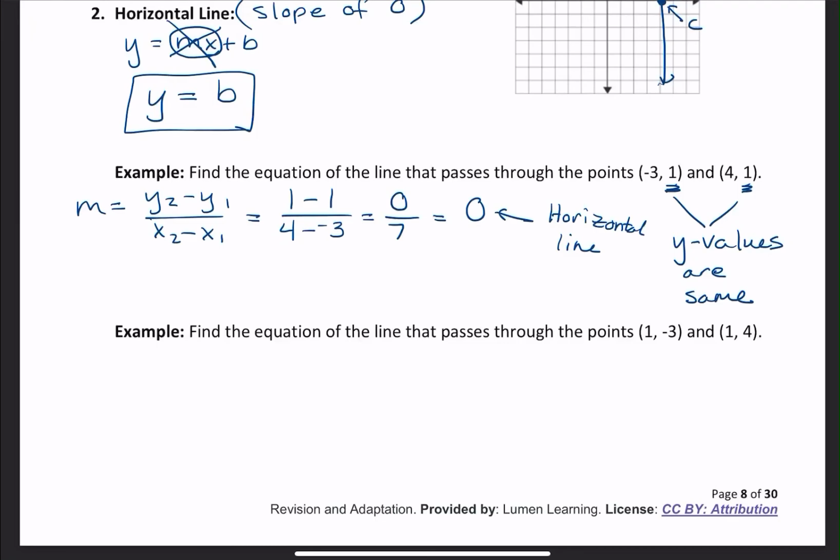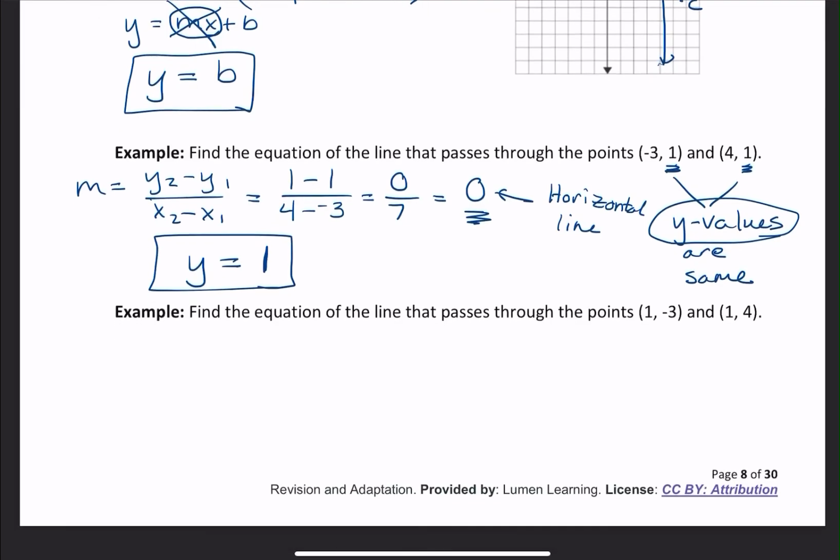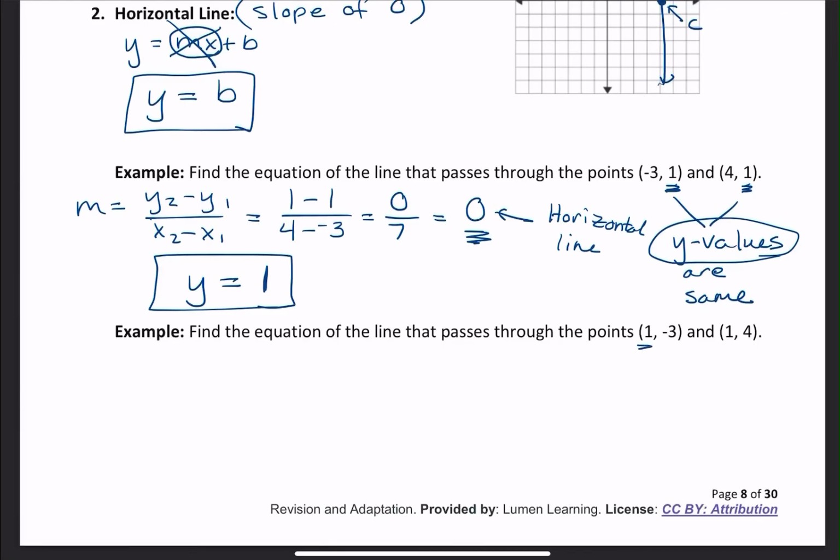But here, if you notice that your slope is 0 and it's going through the same y values, your answer is going to be y equals whatever those y values are. So y equals 1. On the next one, if you notice, it's switched around so that your x values are the same.